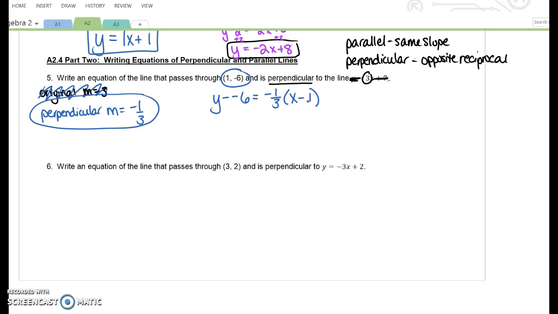I'm sorry, there is a fraction in this problem. Negative 1/3 times negative 1 would be positive 1/3. To finish this problem, we would subtract 6 on both sides to get y equals negative 1/3 x, and then whatever 1/3 minus 6 is.